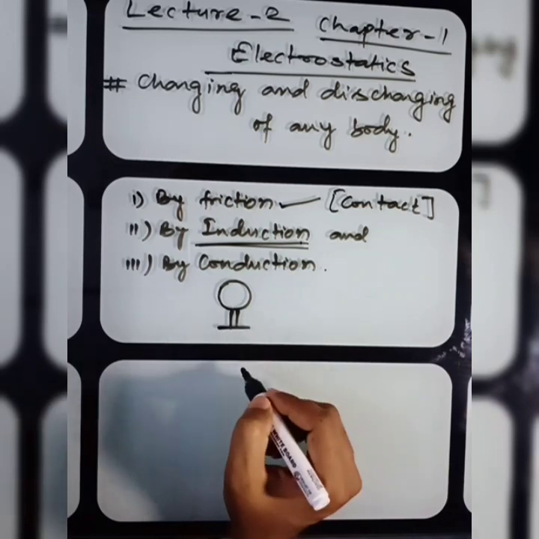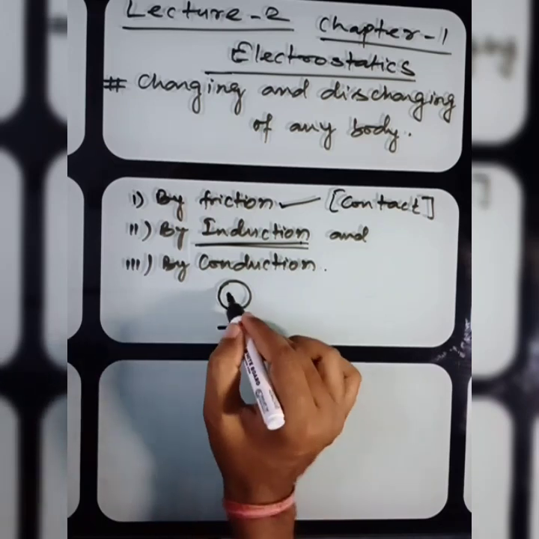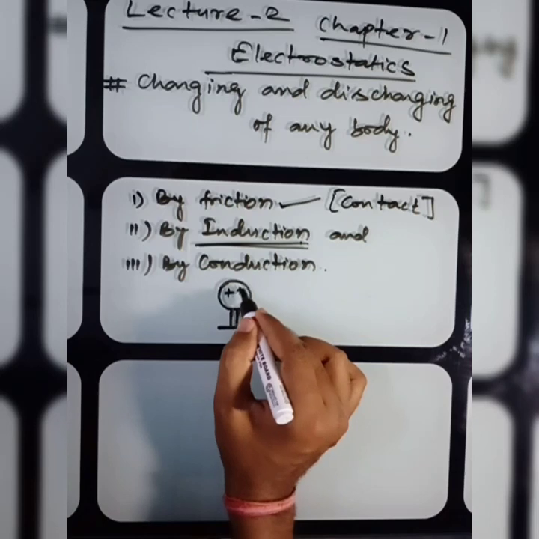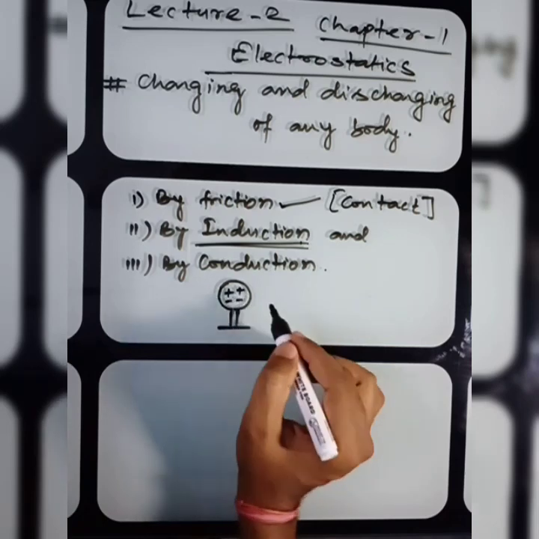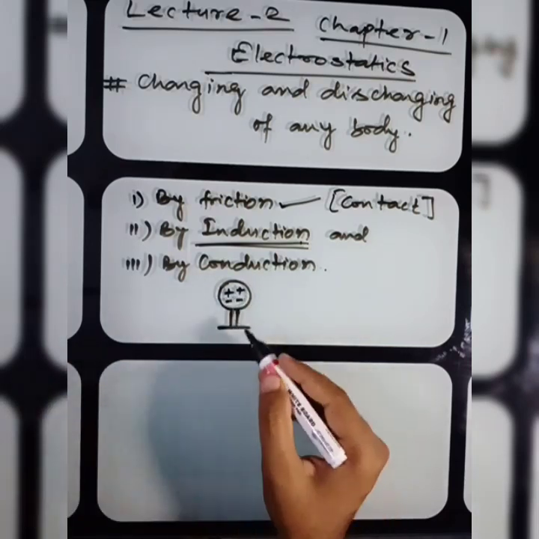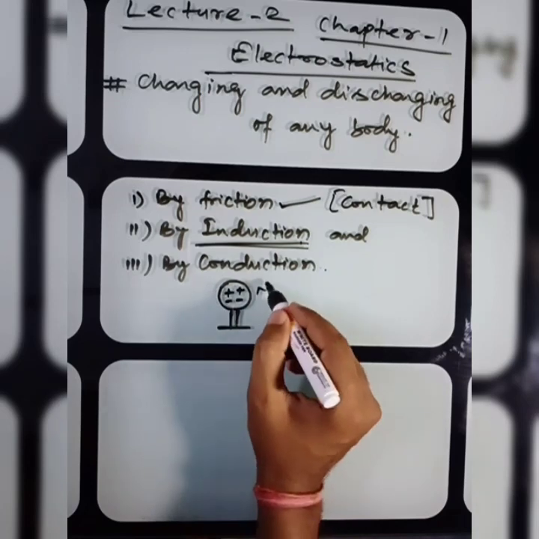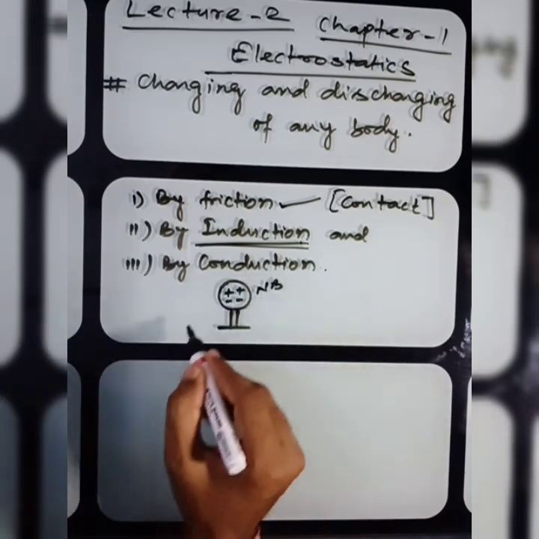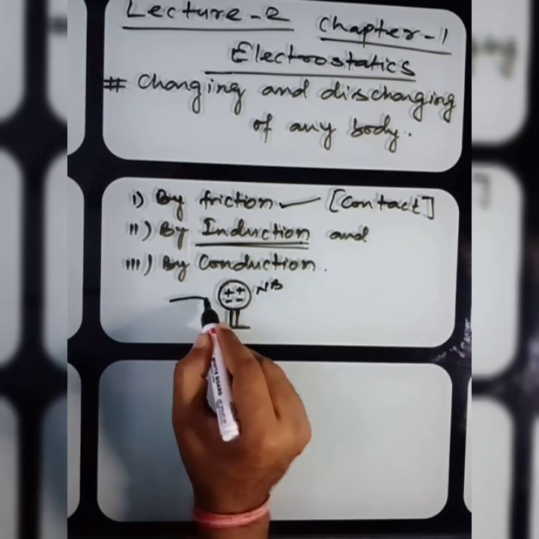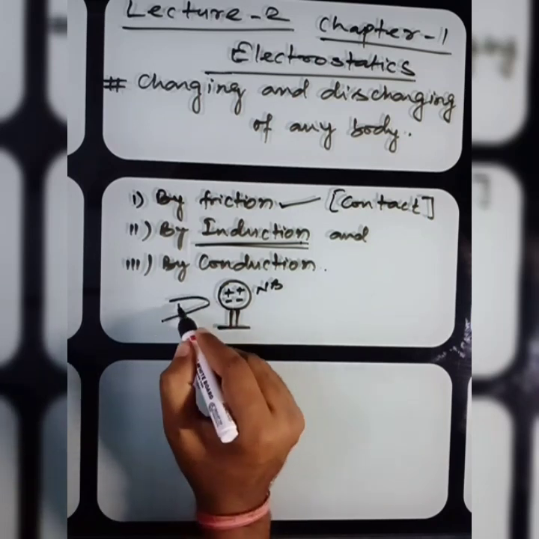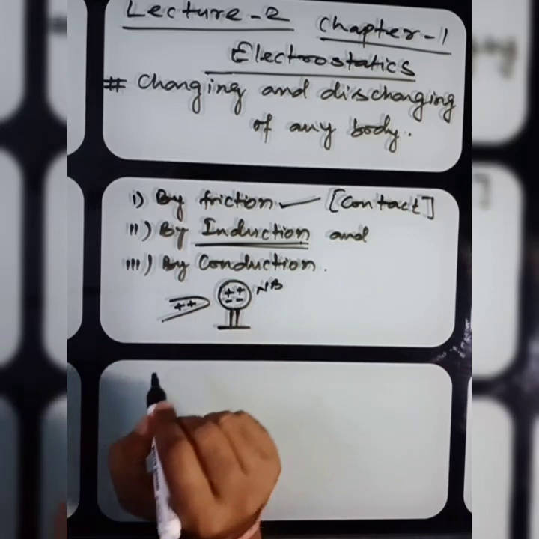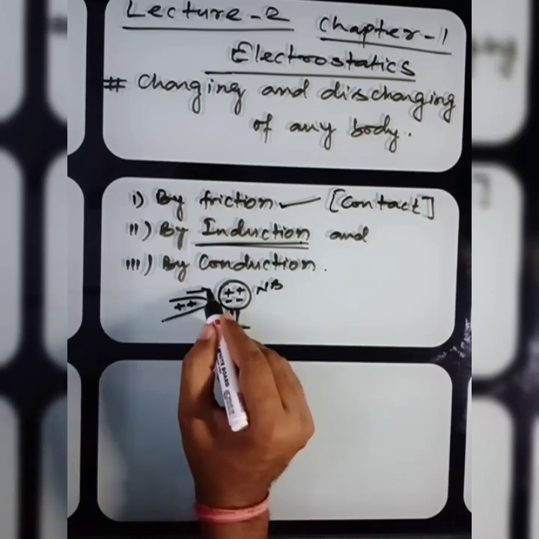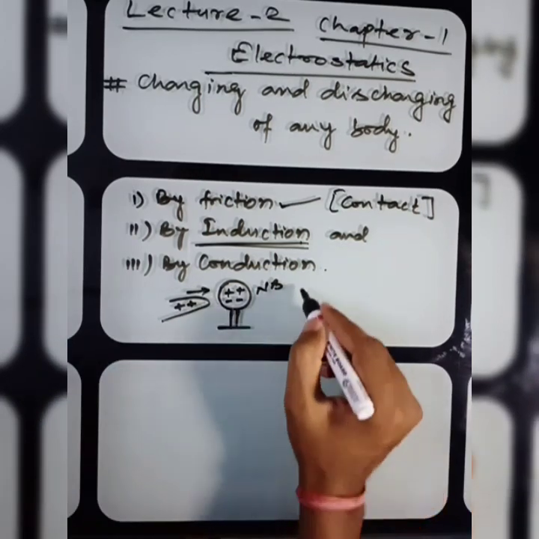What does it mean by a neutral body, students? It means this body has an equal number of positive and negative charges. So this is the neutral body. If you take a rod positively charged and keep it near this neutral body, what will happen?